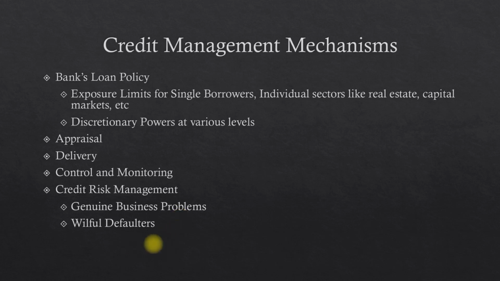So that is the first case, genuine business problems. The banks genuinely assist them or provide concessions to the enterprises, making their operations work again. So this is basically rehabilitation of sick SSI units and corporate debt restructuring.